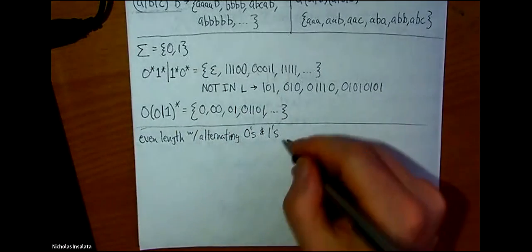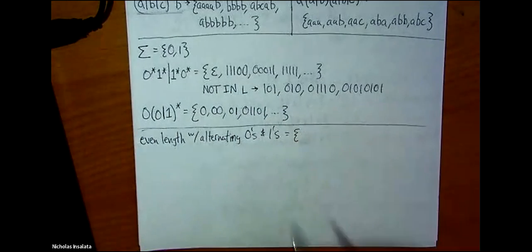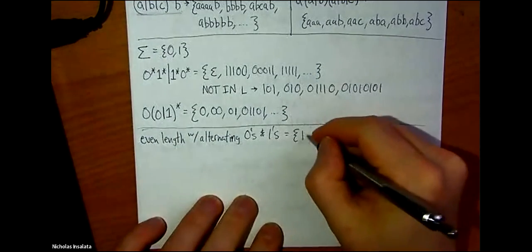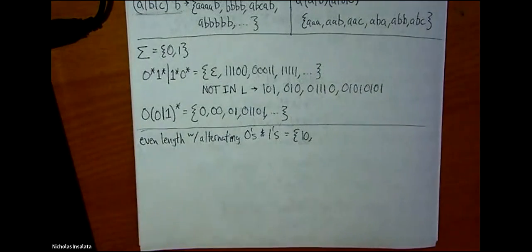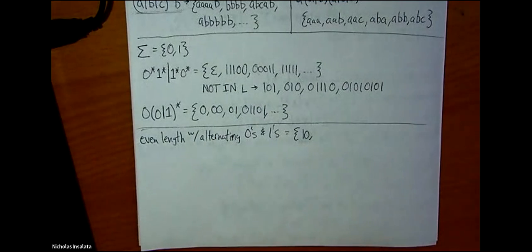So what are some examples of strings in this language? One zero. Okay, that's one of them. Excellent. Even length, and the ones and zeros alternate. Let's have a few more.